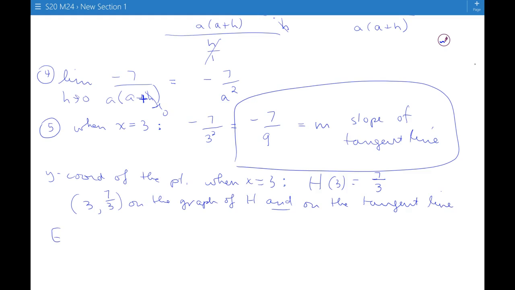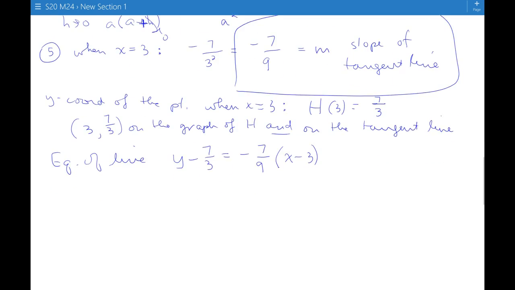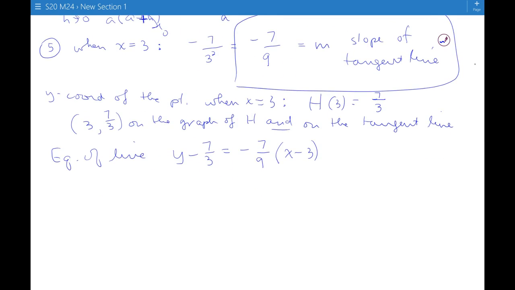So the equation of the line is going to be y minus 7/3 equals the slope, negative 7/9, times x minus 3. So if we want to make that into slope-intercept form, we're going to distribute the negative 7/9 and add 7/3 to both sides.